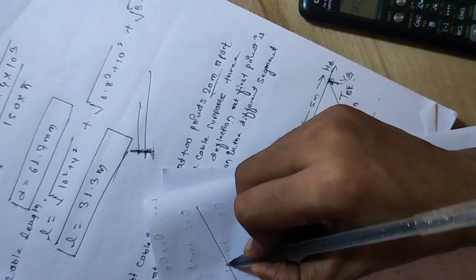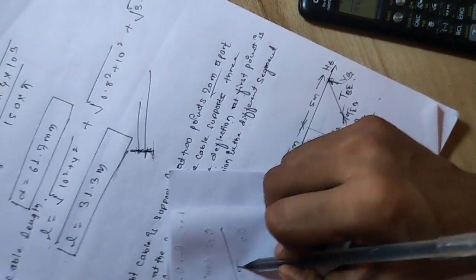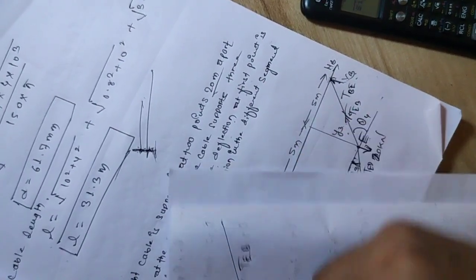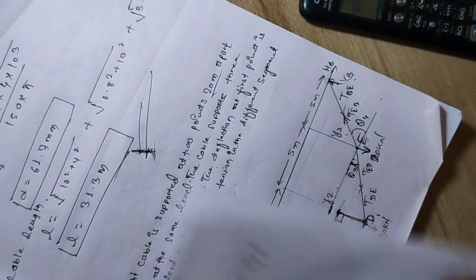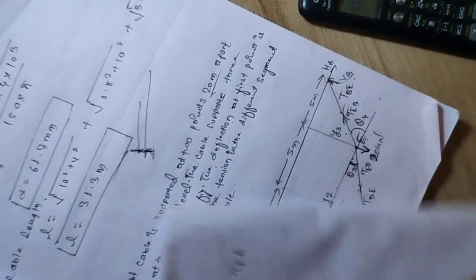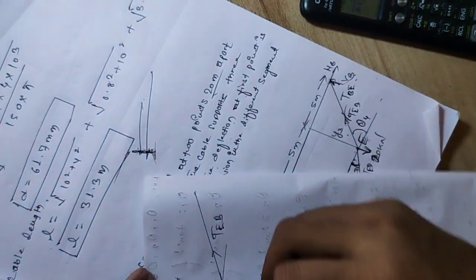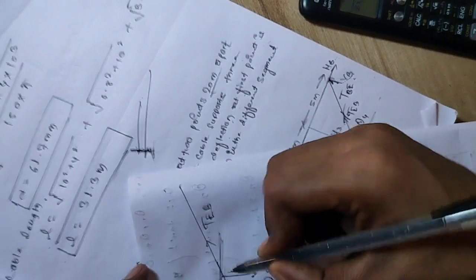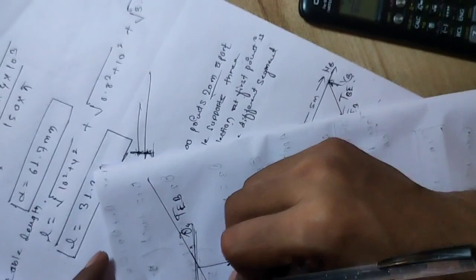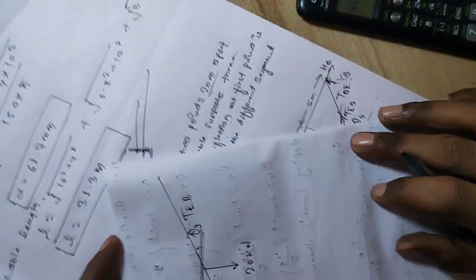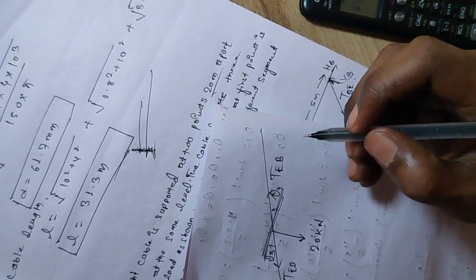Here we are applying Lami's theorem at point E, that is tension EB, here it is the tension TED. The load of 20 kilonewton is acting. Also here is theta 4 and here is theta 3. Now the first thing is we have to find the angle between the two forces.